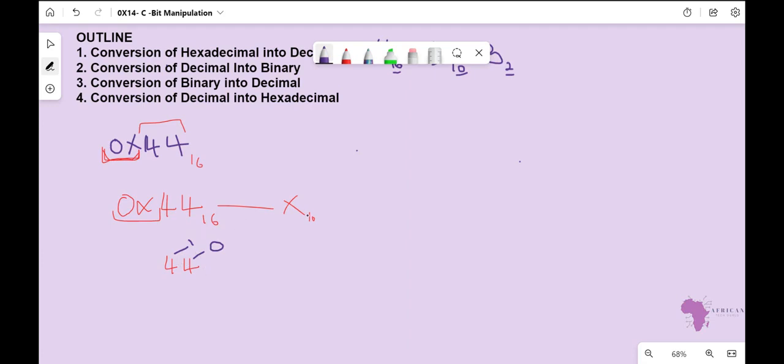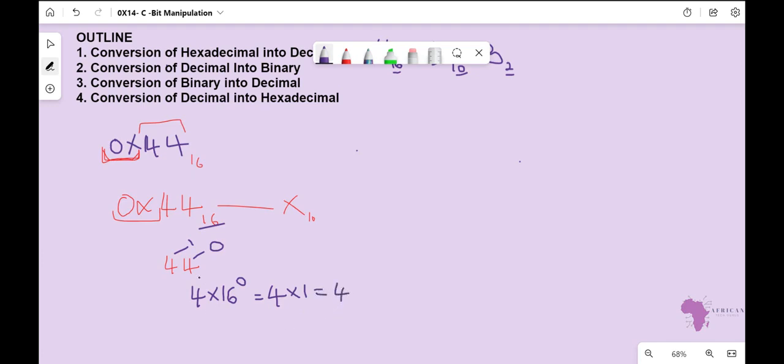To convert into a decimal number, we multiply each digit by 16 raised to the position it belongs to. For example, the first one, which is 4 at position 0: 4 multiplied by 16, which is the base number, raised to 0, which is equivalent to 4 multiplied by 1, which equals 4, guys.